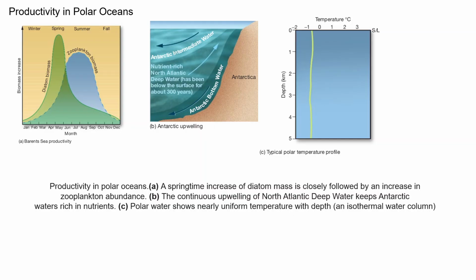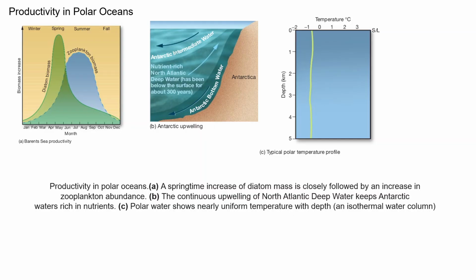But in the polar regions, although the nutrient content is higher, the solar radiation is not available adequately. Therefore, in the polar regions, solar energy becomes the limiting factor for primary productivity.